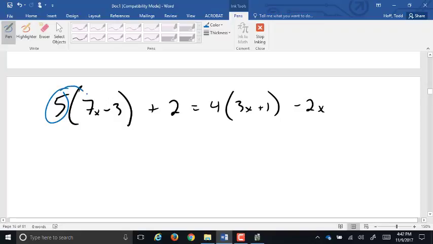Distribute the 5. Very good. 5 times 7x is 35x. 5 times negative 3 is negative 15. And then we still have the positive 2.